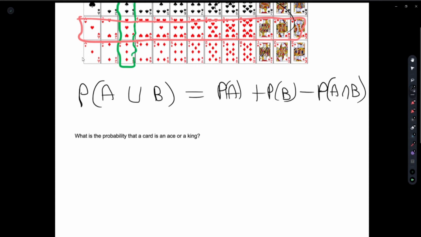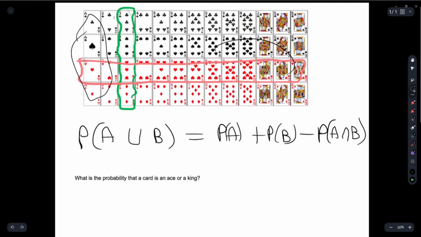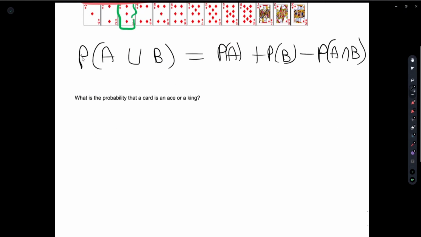So first, let's say A is the probability of ace. So we know there are 4 ace cards here. This is from our knowledge of cards. So the probability is 4, which is the number of ace cards, over 52, which is the number of cards in general, plus probability B, the king.